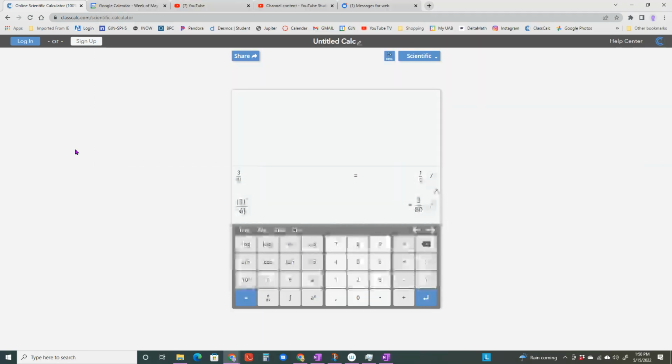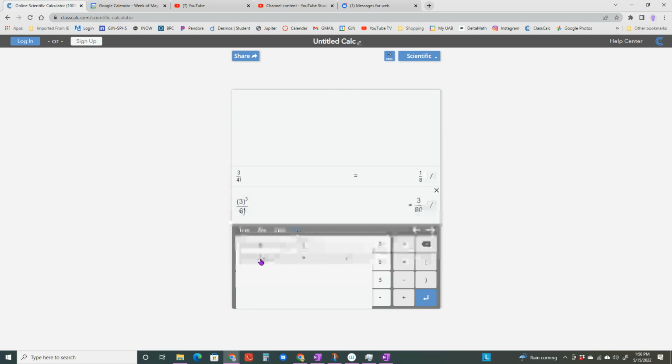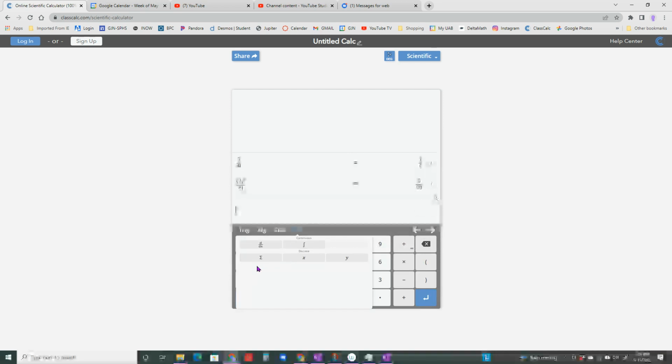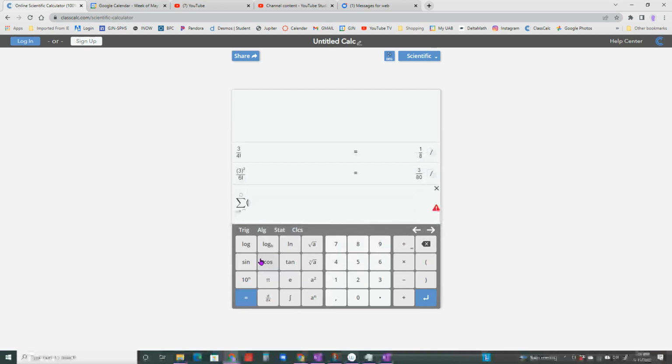But I want to show you that you can go to calculus in Class Calc, and there's a symbol. I forgot to hit enter after that problem. So go to calculus, hit the summation symbol, okay? n is 2 to 5. And my expression inside my parentheses is 4 times n minus 3.